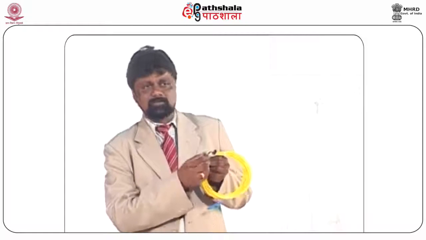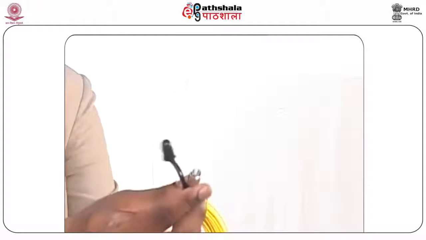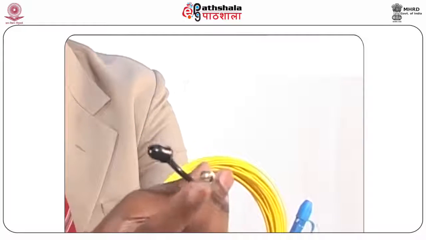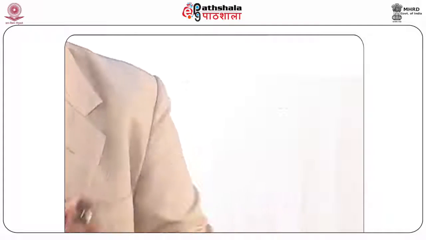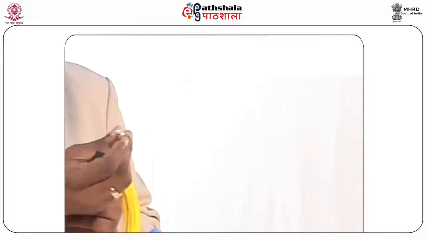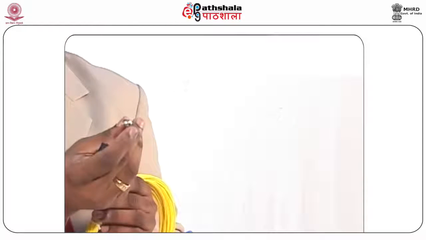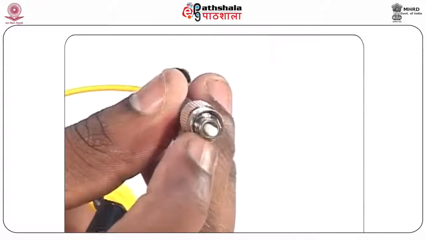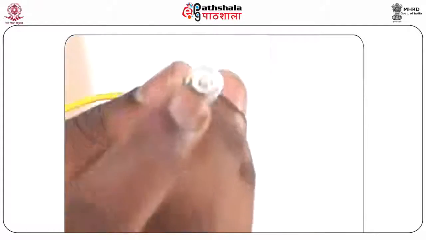The light passes through a narrow hole almost similar to a hair. These kinds of fiber cables give very high bandwidth. Fiber cables also come in different types, single mode and multi-mode, and are used for long distance transmission.